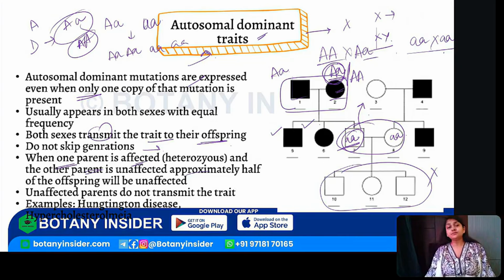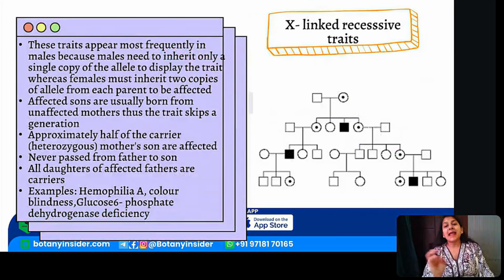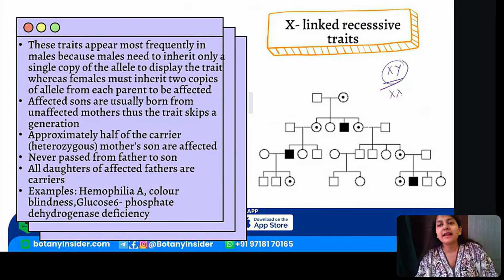Perfect. Now we have the X-linked recessive trait. Male is XY, female is XX. X-linked recessive is there, but in the case of males, there is only one X chromosome.